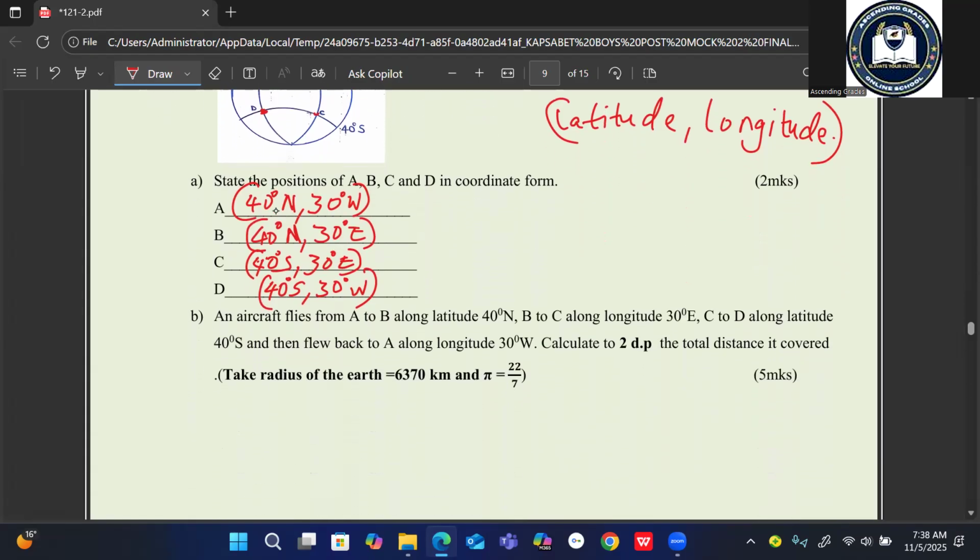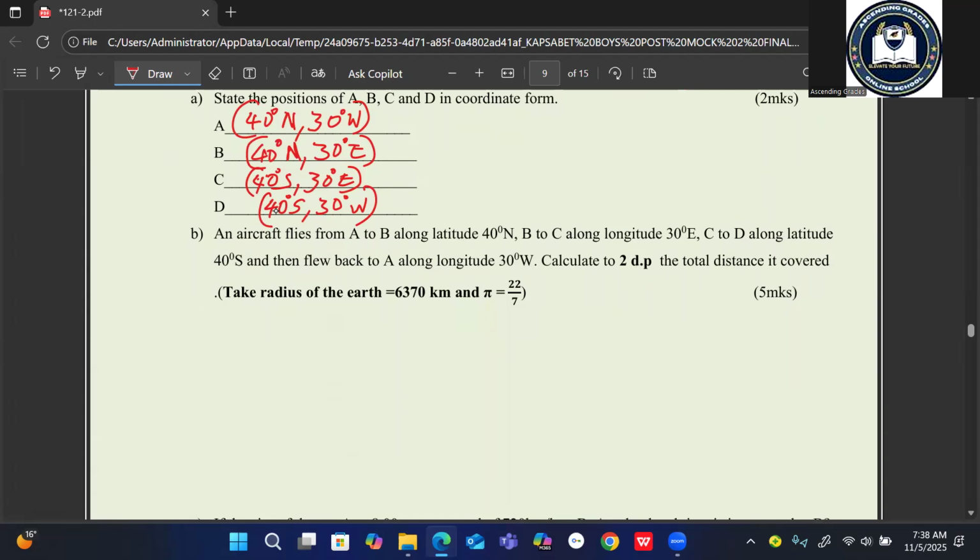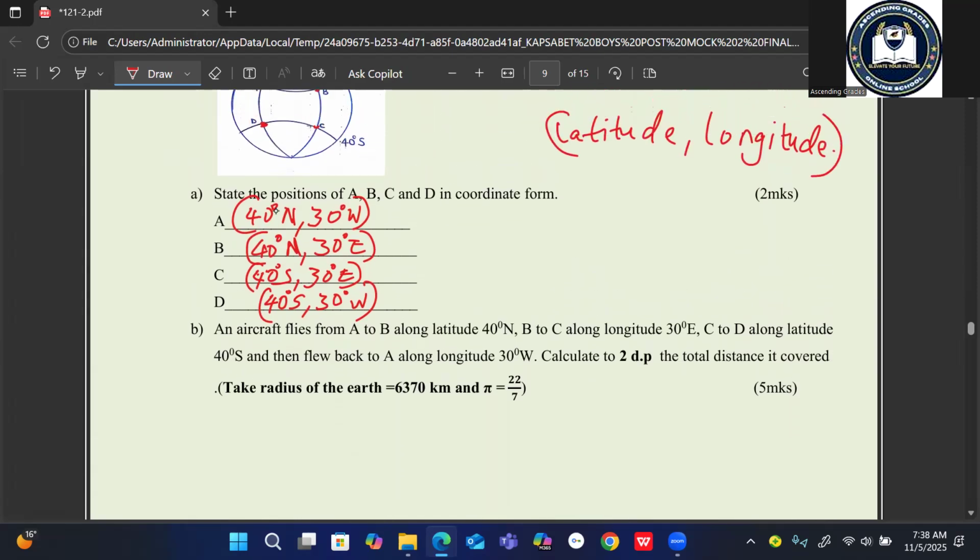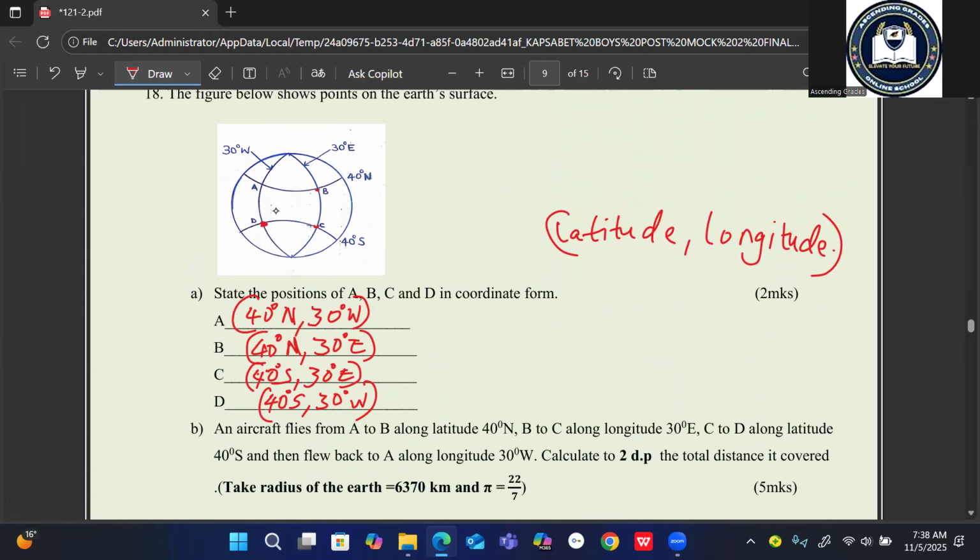An aircraft flies from A to B along latitude 40 degrees north, B to C along longitude 30 degrees east, C to D along latitude 40 degrees south, and then flew back to A along longitude 30 degrees west.